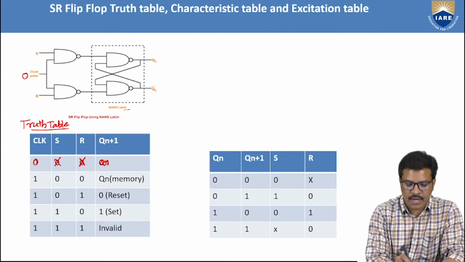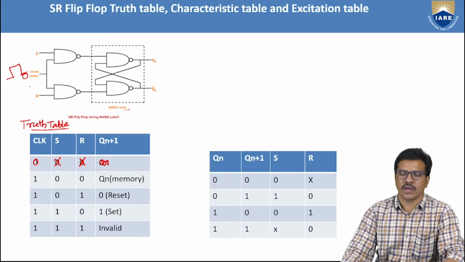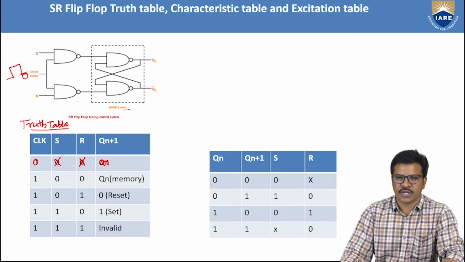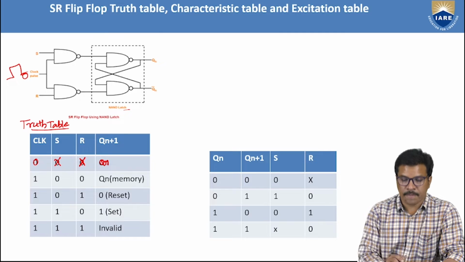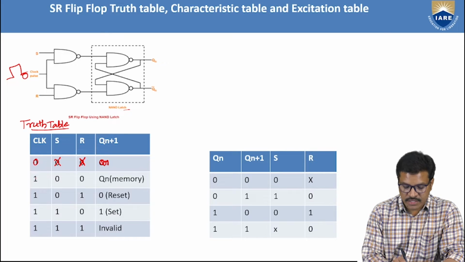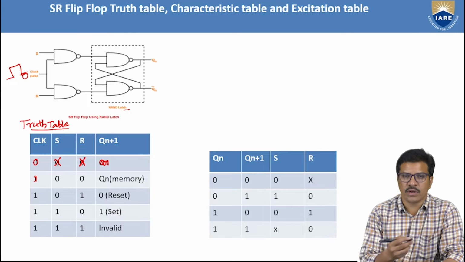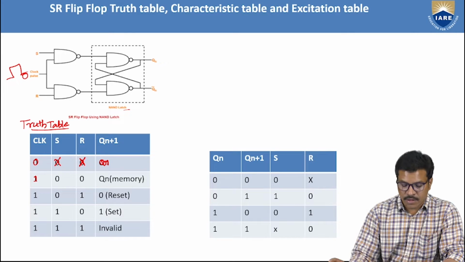When we apply a clock, basically we can apply edge trigger or level trigger, basically edge trigger. For example, an edge trigger from 0 to 1, that is logic 1, high.